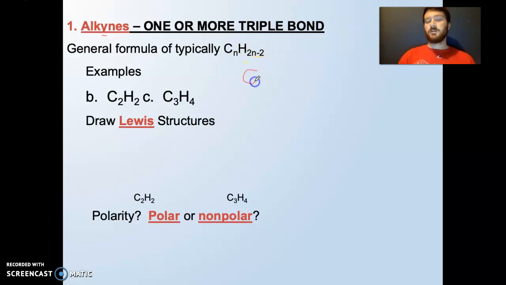So if there's, let's do 30 this time, 30 carbons, there's going to be 30 times 2, which is 60, minus 2. It's going to be 58 hydrogens. Example of this is C2H2.